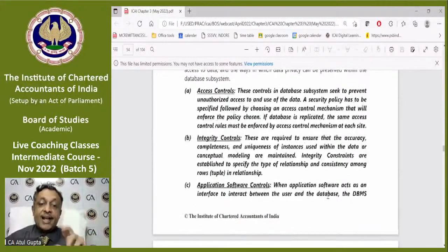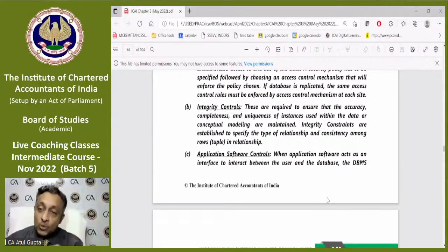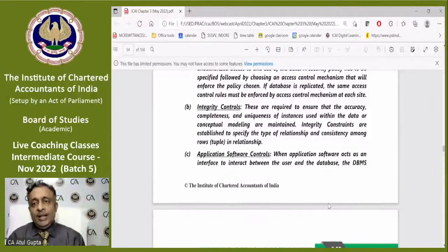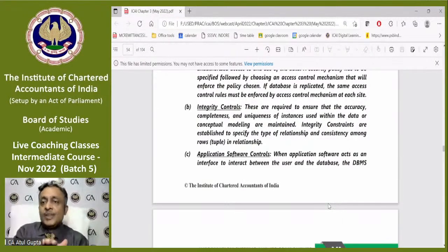Okay. Application software control, when application is used, how does it look like? You have hardware. On the hardware, you have operating system. On that layer, you place your application program.